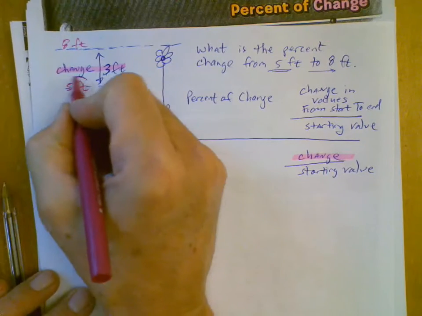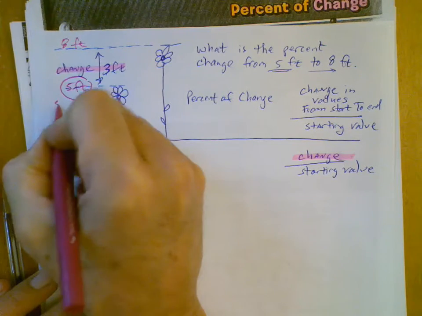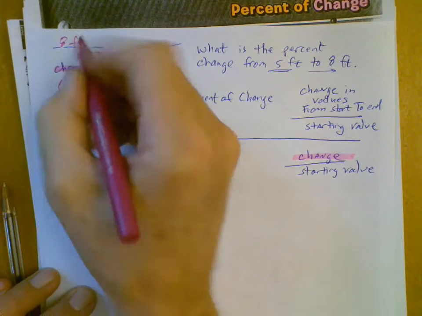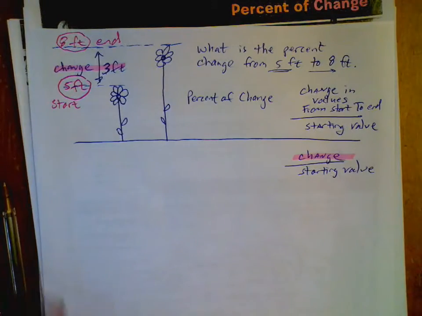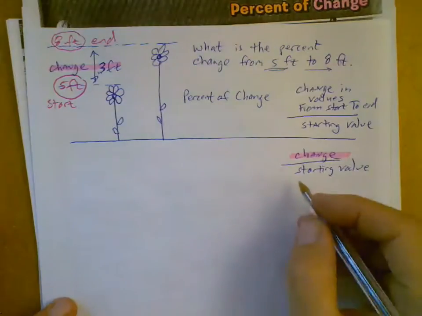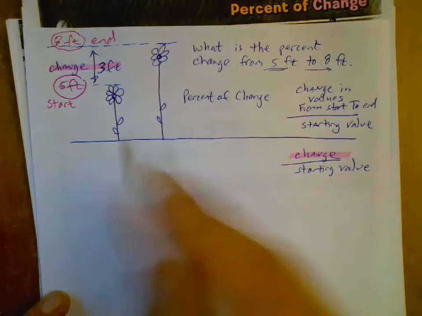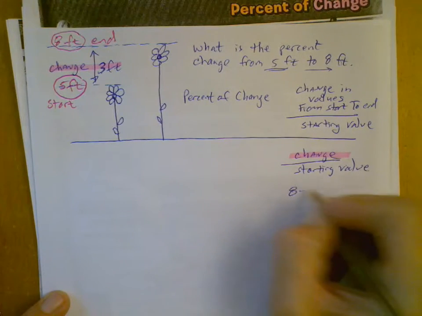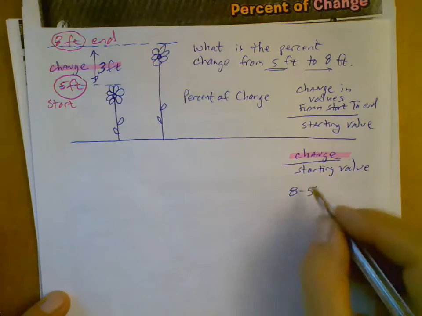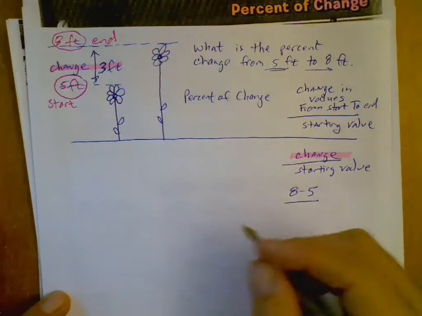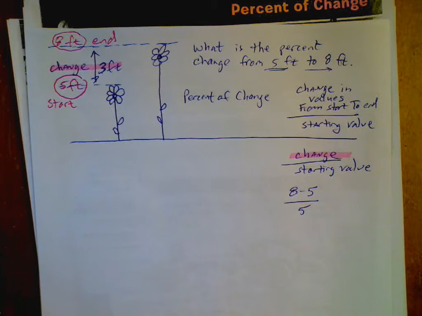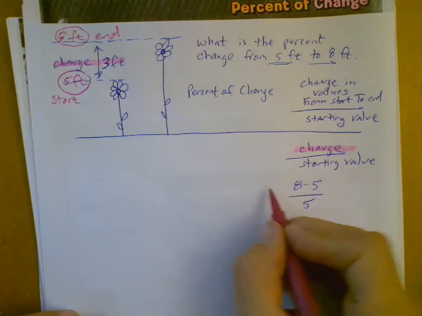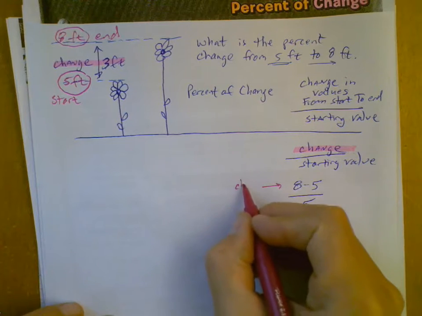This is my start, and this is my end. So when I go to calculate this, I have the change, which is 8 minus 5, over the starting value, 5 feet. Once again, this top piece is the change.